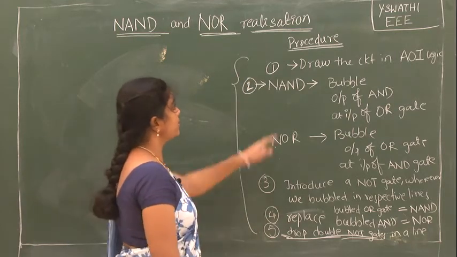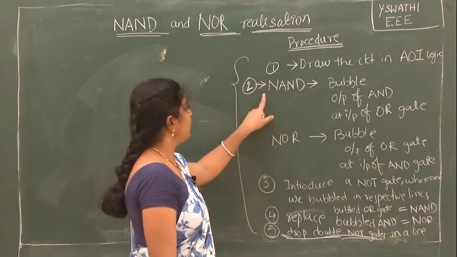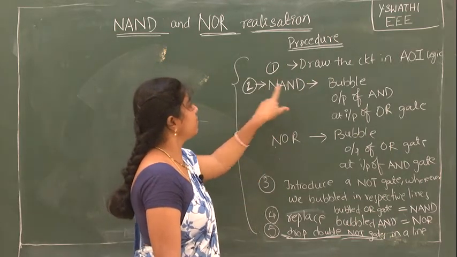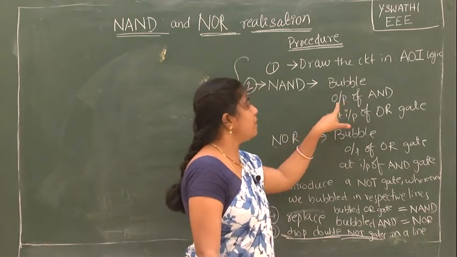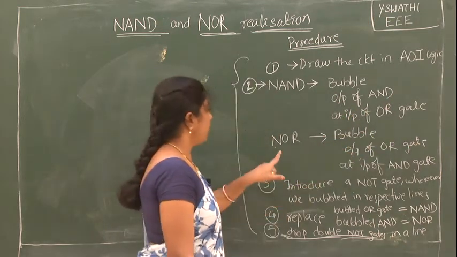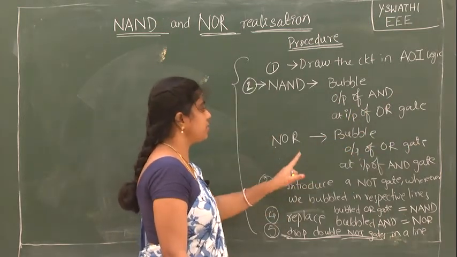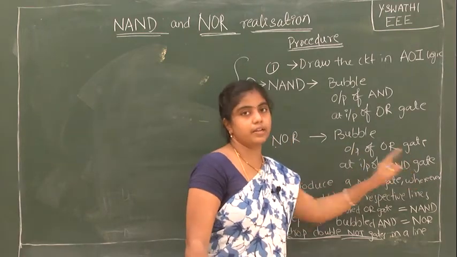What we did: in the first step, we draw the circuit in AOI logic. Then if we want to realize the given expression in NAND hardware, you bubble the output of AND gates and input of OR gates. And in NOR hardware realization, you bubble the output of OR gates and input of AND gates.